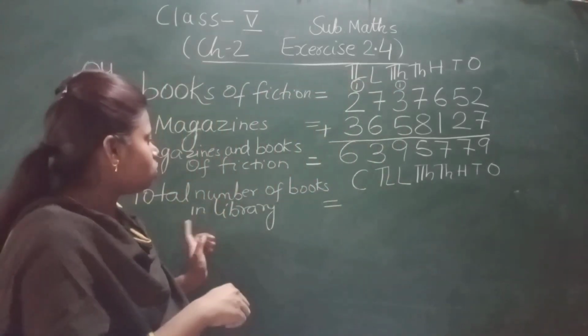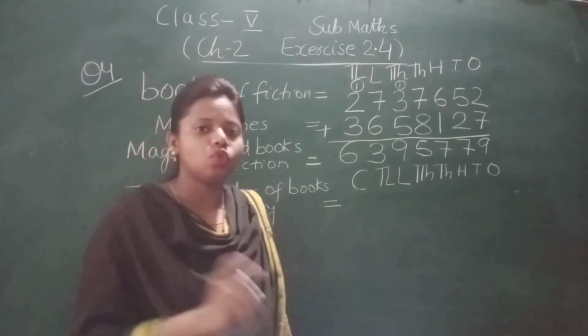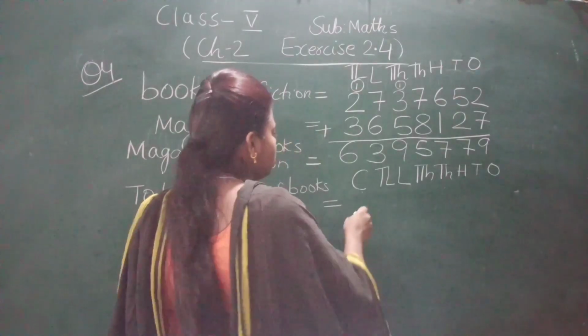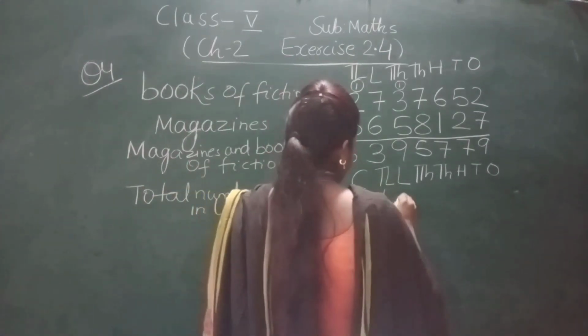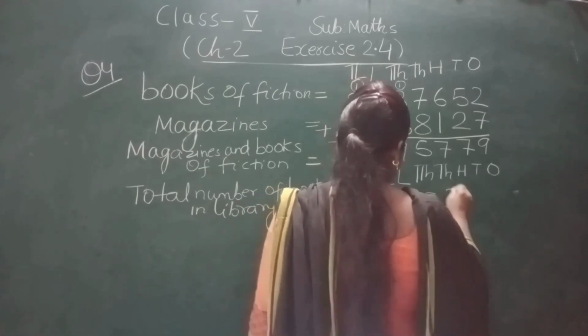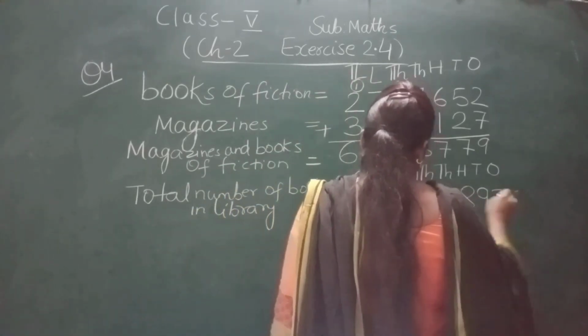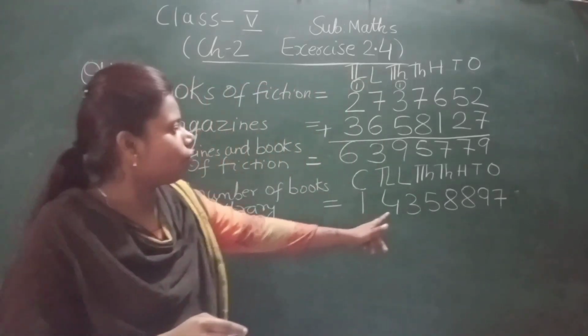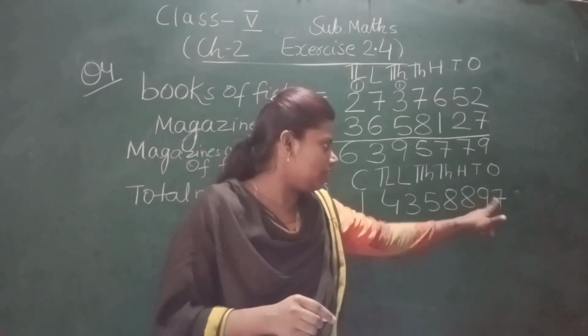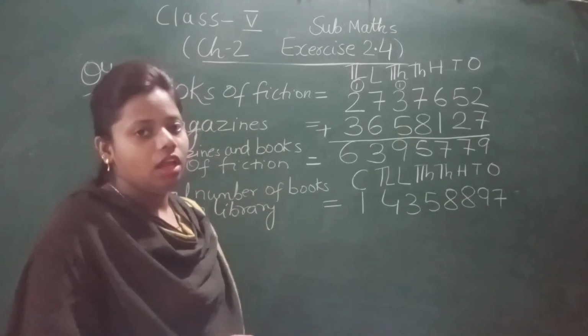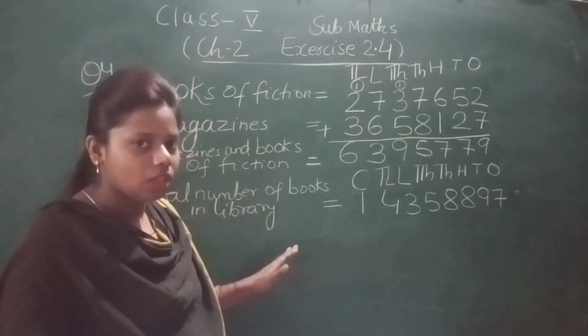So what is the total stock of books in the library? How many books are there in total? 1 crore 43 lakh 58,897. Now what we will do to find the number of reference books?